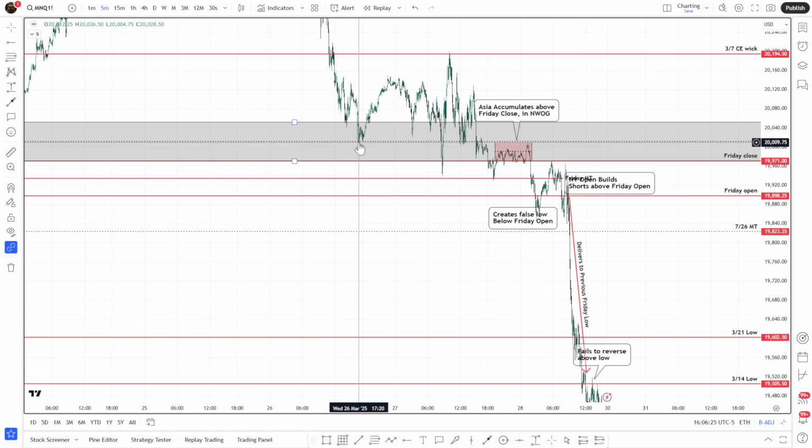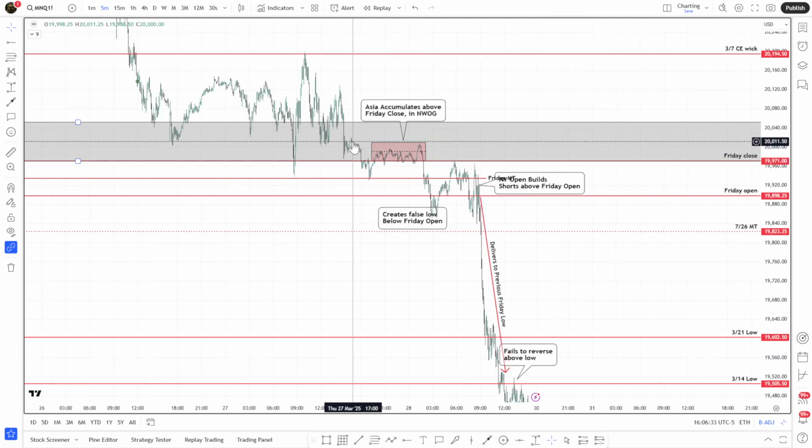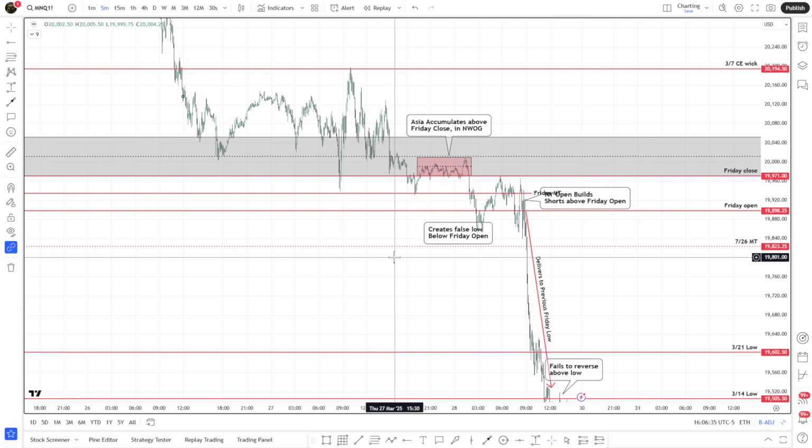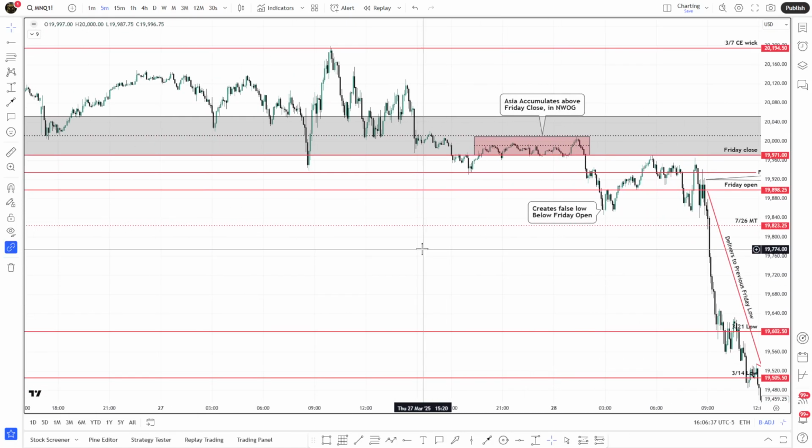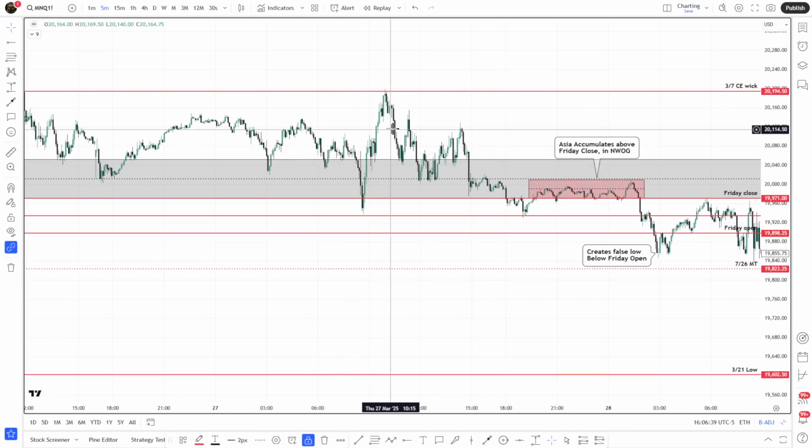Okay, we get Wednesday that throws a wick in here. Thursday we get movement through it, and it ends up closing at pretty much CE, just below actually. Okay, but we're starting to get lower time frame price movement through this area, right? Starting to paint it in and balance it.